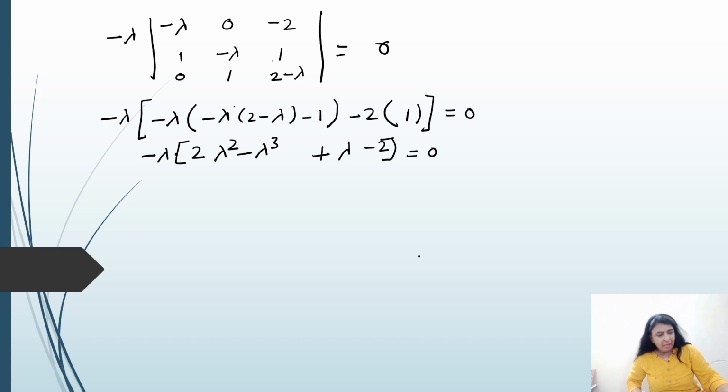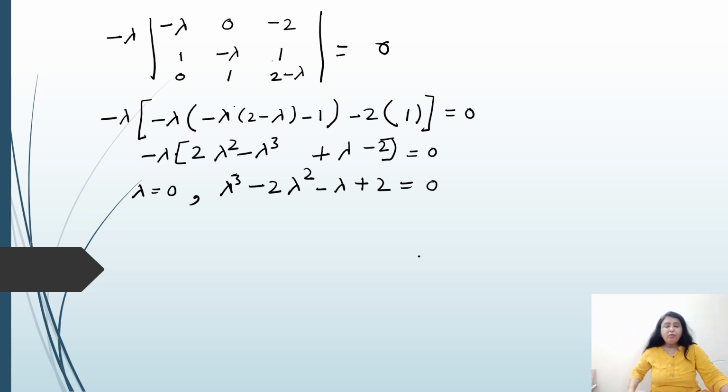Or you will get lambda is equal to 0, and you have the equation lambda cube minus 2 lambda square minus lambda plus 2 is equal to 0. Clear?